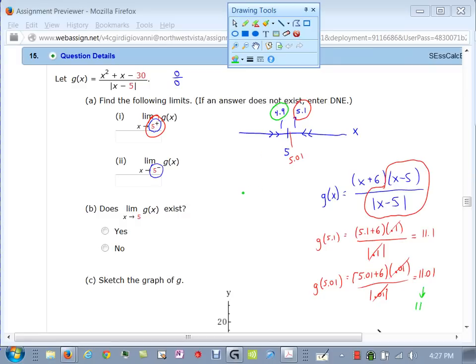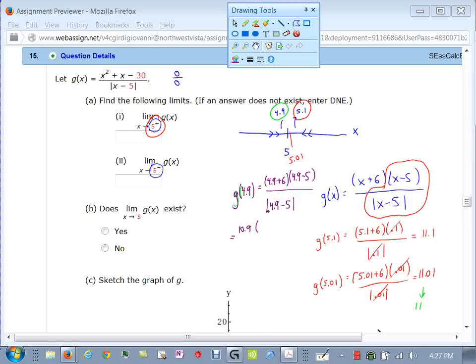If I do something like 4.9, it's g of 4.9. So we get 4.9 plus 6, and then we have 4.9 minus 5 all over absolute value of 4.9 minus 5. Now, the top is going to be 10.9.